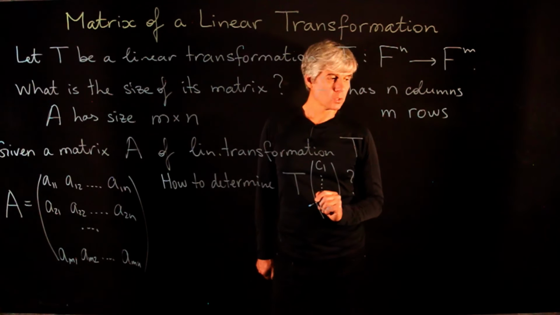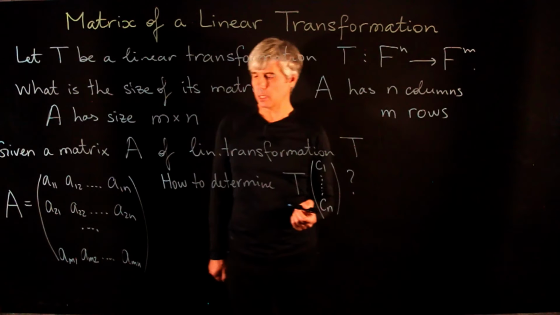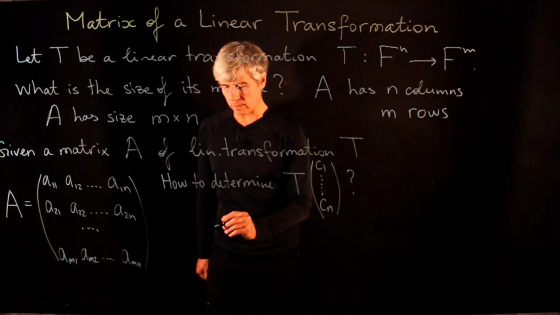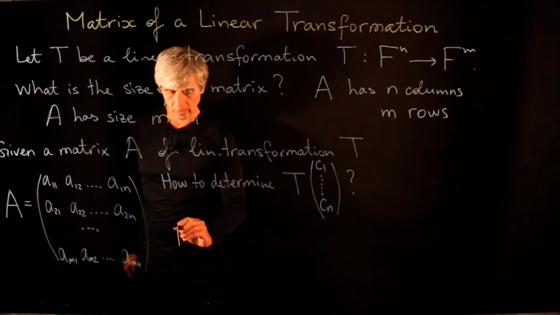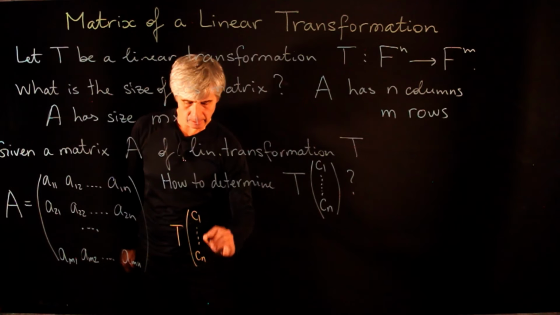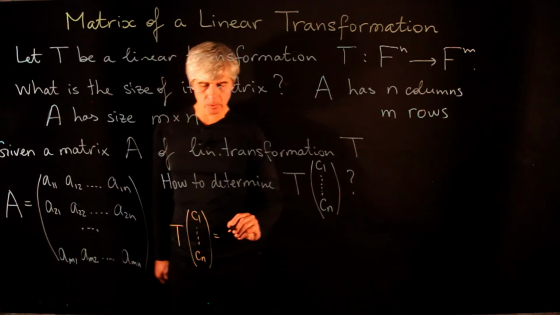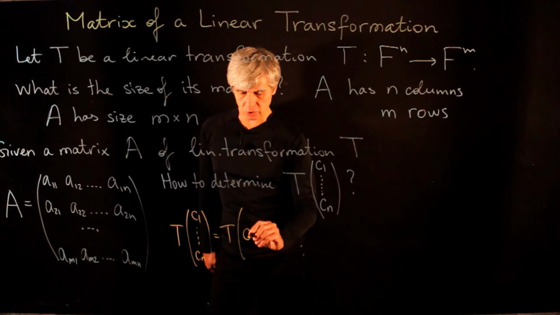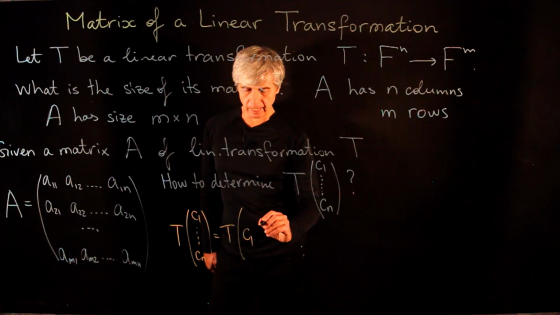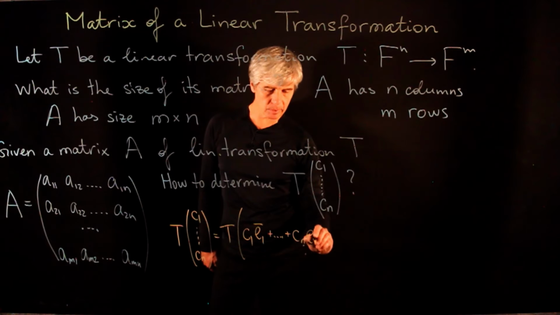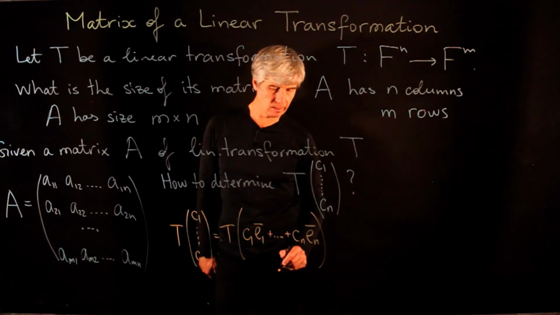What we do is we use the properties of our linear transformation. T of (C1, ..., Cn) is equal to T of a linear combination: C1 times the first basis vector E1 plus Cn times the last basis vector En.